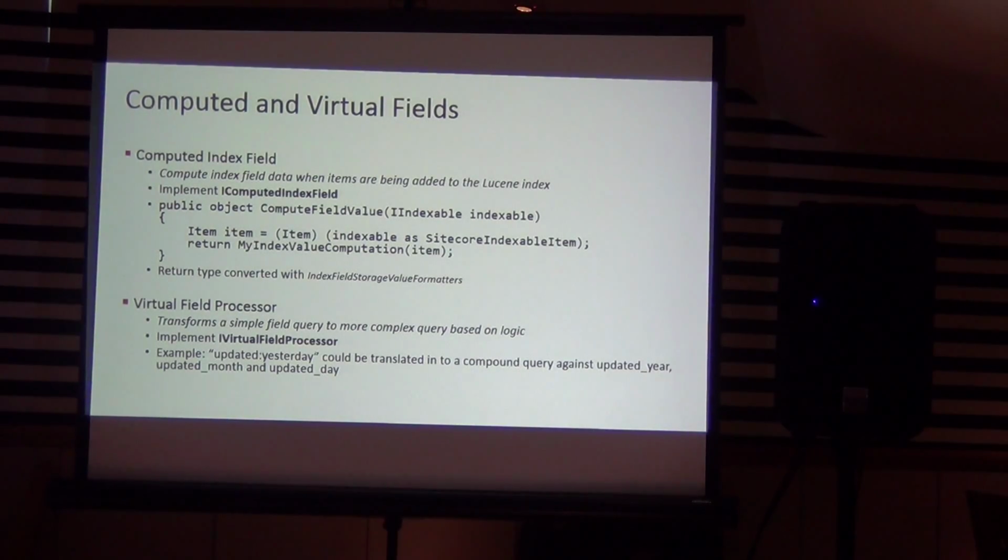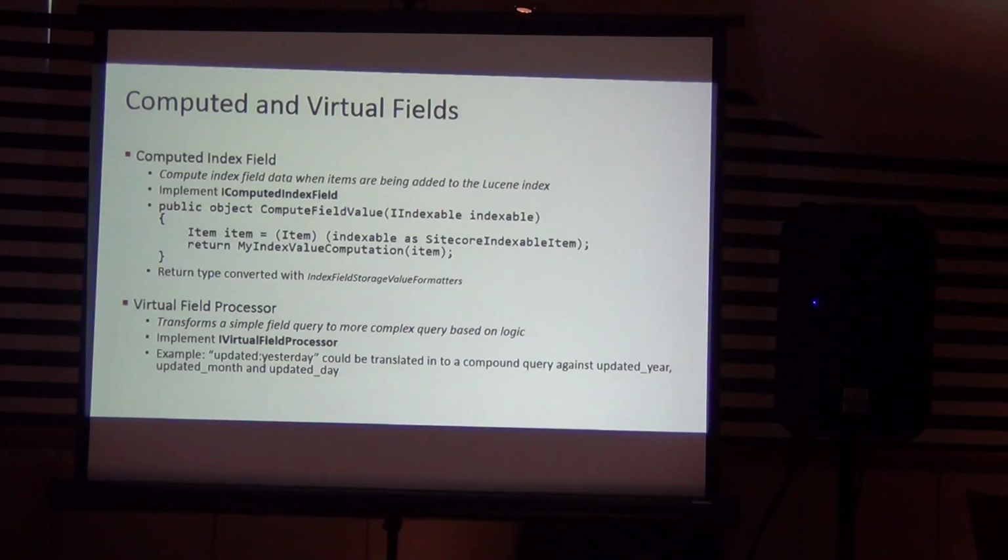So, computed fields are used to, I guess, generate made-up data or use some sort of logic to compute values that you don't already have. I'll put a little code example here of overriding the compute field value.